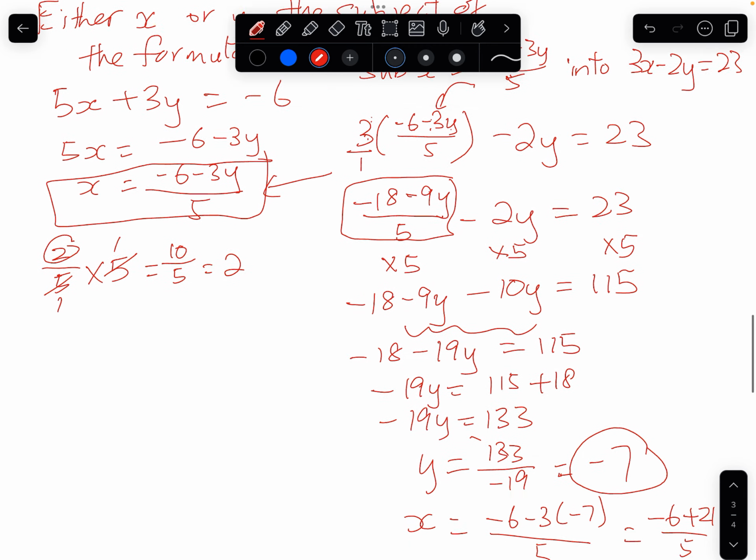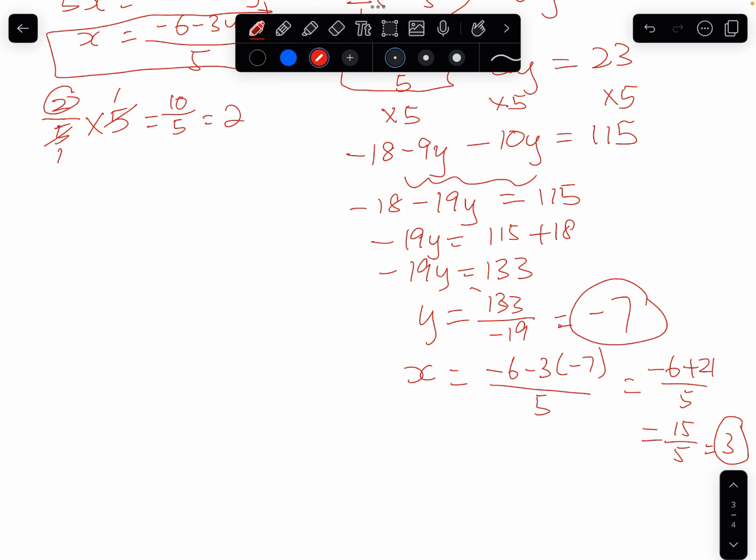Okay? Now, I hope this gives you a nice understanding of how both the elimination and the substitution work. It's quite obvious that the substitution may require more work when it involves a fraction. So my takeaway from this is that whenever possible, if the question did not state which technique or method to use, I would suggest using the elimination method.